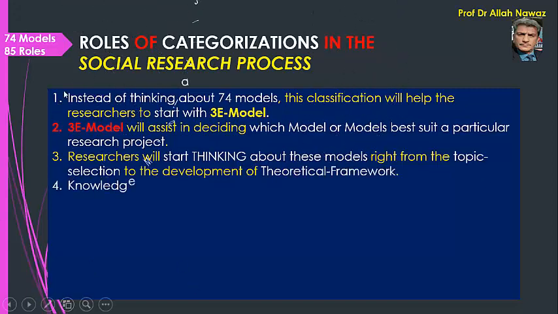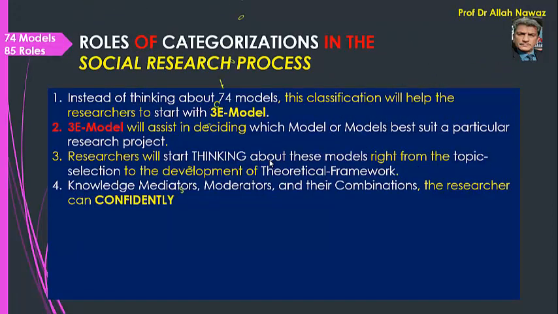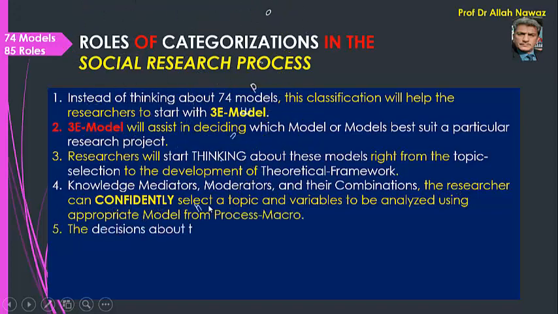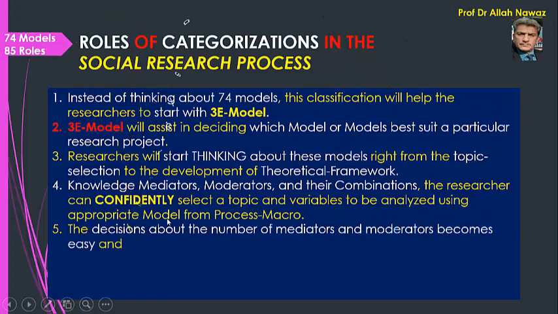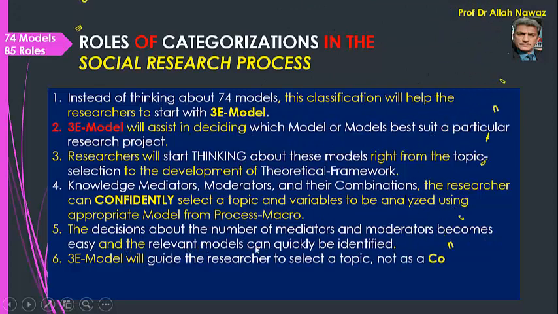Researchers will start thinking about these models right from the topic selection to the development of the theoretical framework. With knowledge of mediators, moderators, and their combinations, the researcher can confidently select a topic and variables to be analyzed using an appropriate model from the process macro. The decisions about the number of mediators and moderators become easy, and the relevant models can quickly be identified.